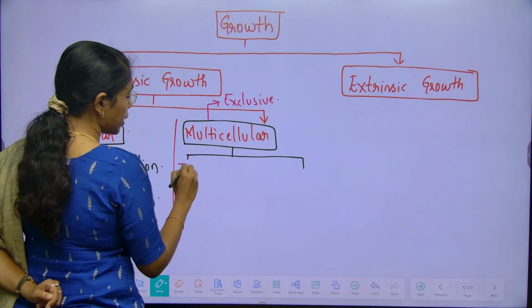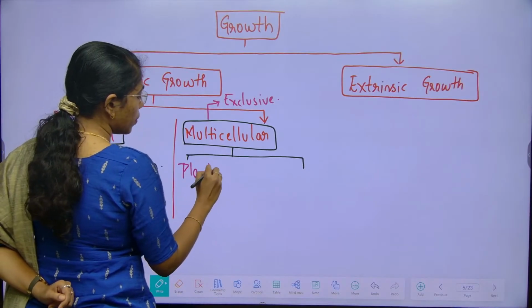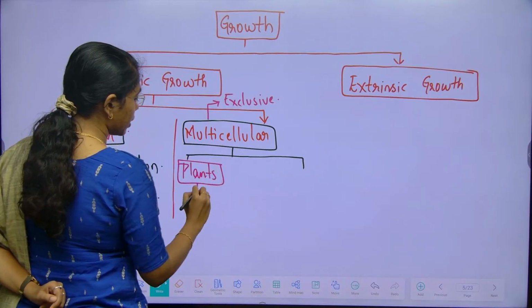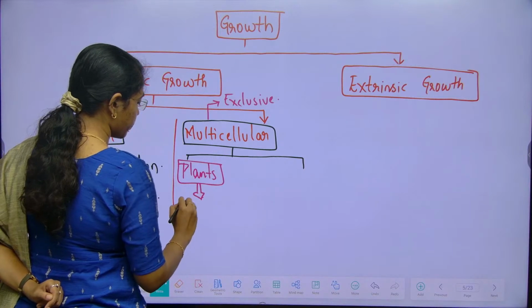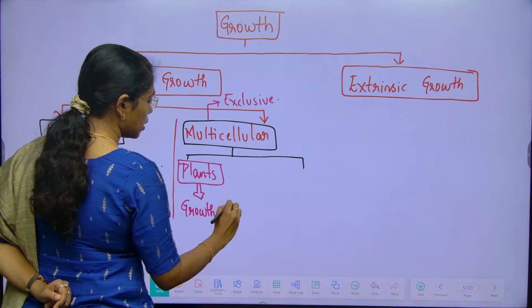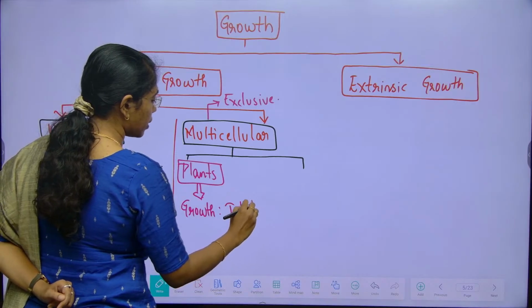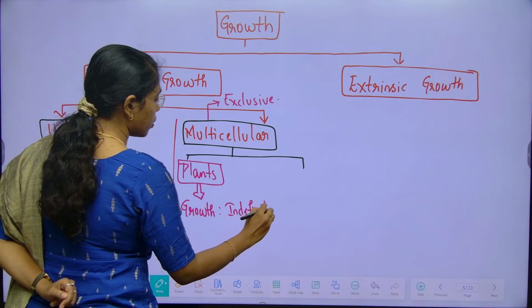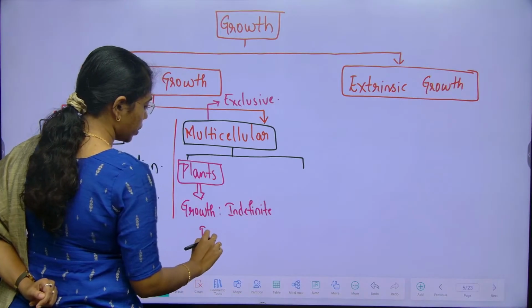In multicellular organisms, in plants, growth is indefinite or indeterminate.